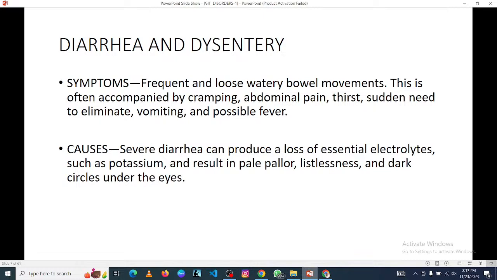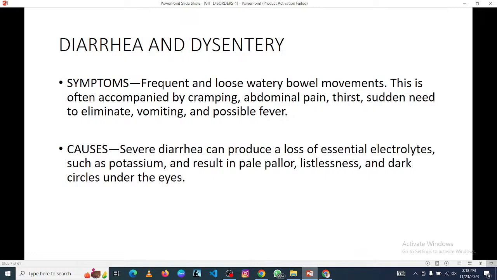I believe that most of us know what diarrhea is. Anyone who knows what dysentery is? Okay.